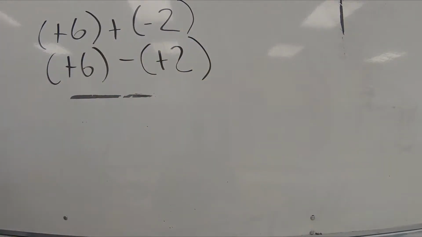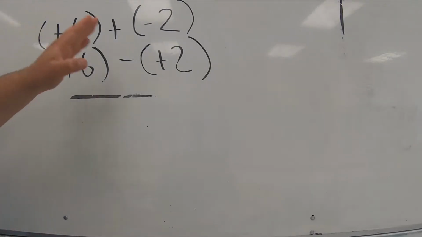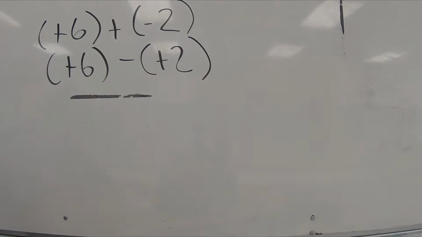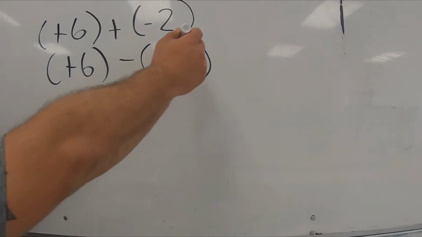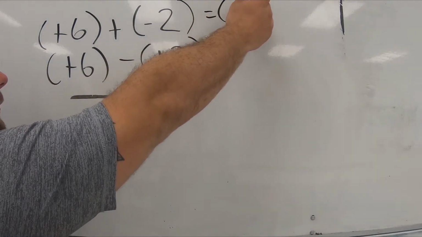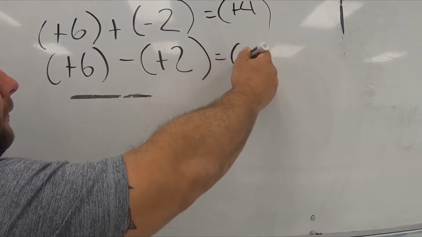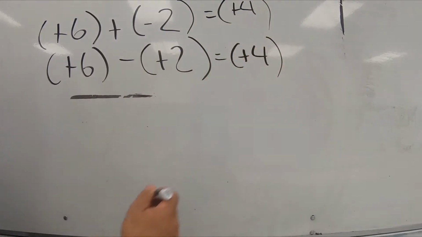So adding a negative and taking away a positive is the same thing. Both of these answers are going to be positive 4. And you guys probably realized that. Now, that being said, that is a rule, but it doesn't really have to be stated because most of you just get it, okay? But with subtracting, it's not as obvious, but it is still there.